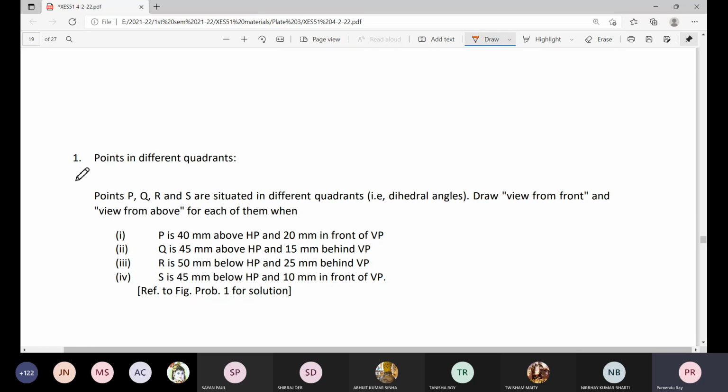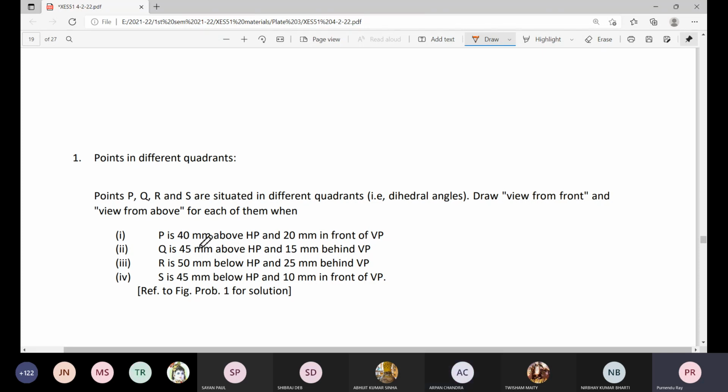Four points P, Q, R and S are situated in different quadrants, that is dihedral angles. Draw view from front and view from above for each of them. Can you hear me, or is it one-way traffic? Yes, sir, we can hear you.